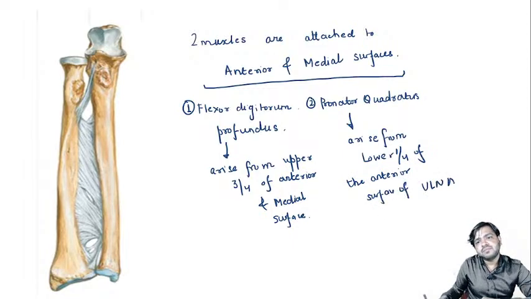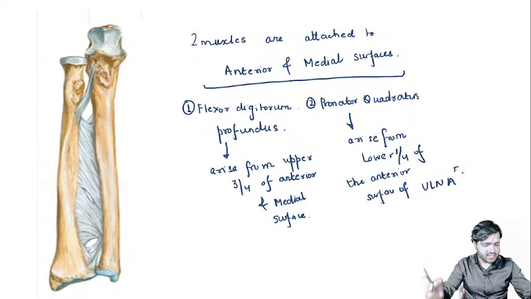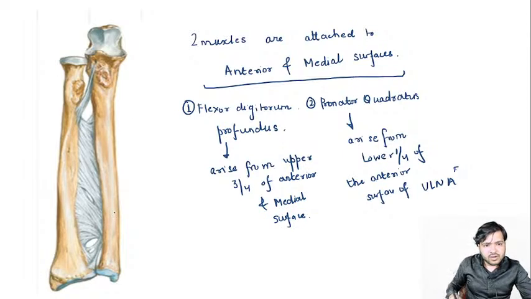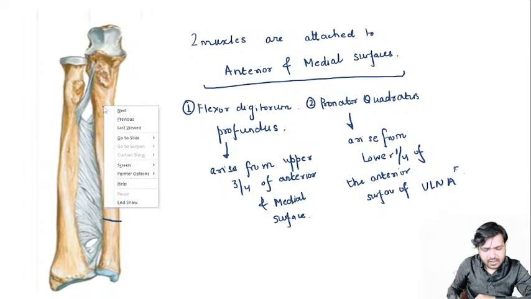It will arise from the lower 1/4 of the anterior surface of the ulna. So if you want that I should tell you, it will be somewhat like over here, yeah.